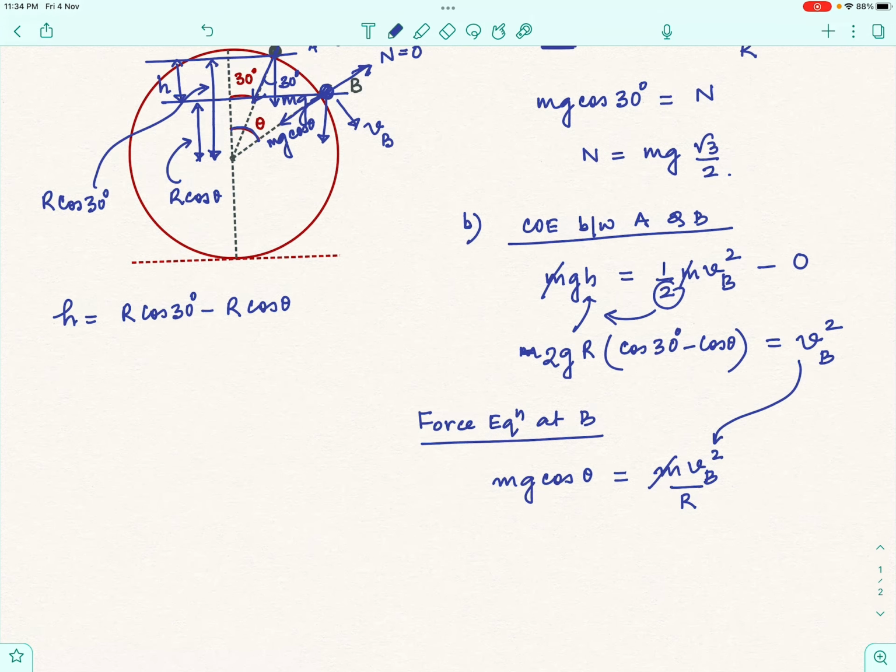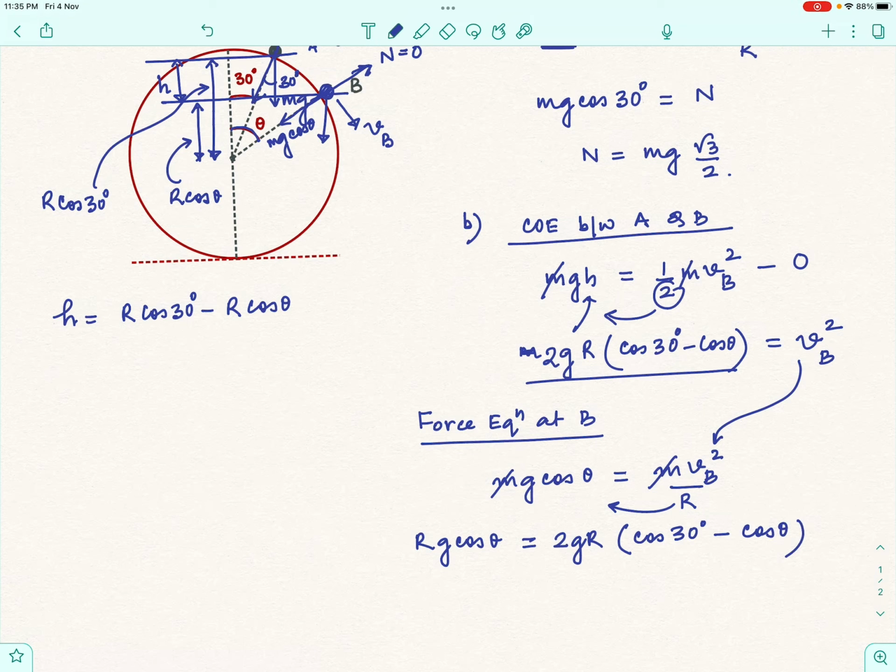So m gets cancelled, and we get g cos theta, with r being taken on the left side, so rg cos theta is equal to 2gr into (cos 30 minus cos theta), which can now be solved for the value of theta. After solving this, rg gets cancelled and we have cos theta on the left side and 2 cos theta on the right side.